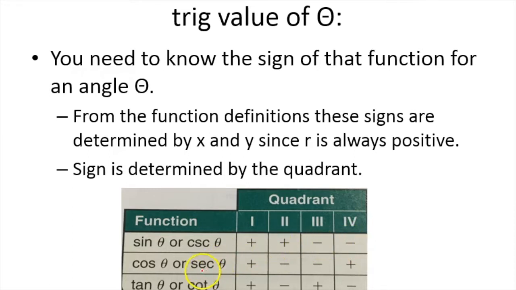You have cosine and secant that are positive in 1 and 4, because that has to do with your x values, and then negative in 2 and 3. Tangent and cotangent are positive in 1 and 3, and negative in 2 and 4. Okay, so it's always determined by x and y, because r is always positive, since r is the distance from the origin.